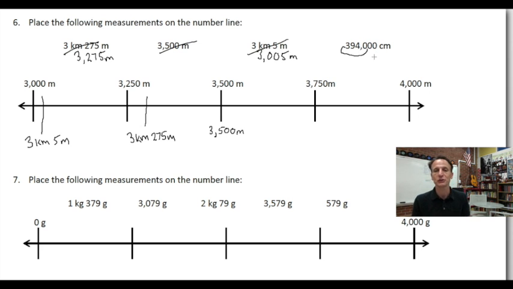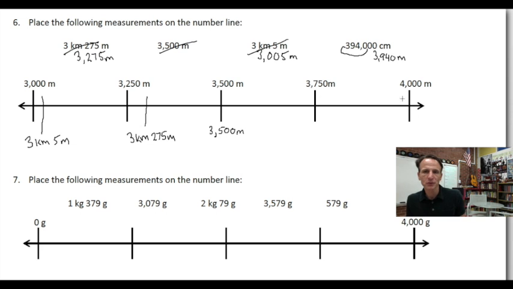So that tells you how many meters there are. There are 3,940 meters. And notice I don't have to do any fancy multiplication, division, formulas. I just think about it in terms of place value. 3,940 meters. Oh, well, that works.